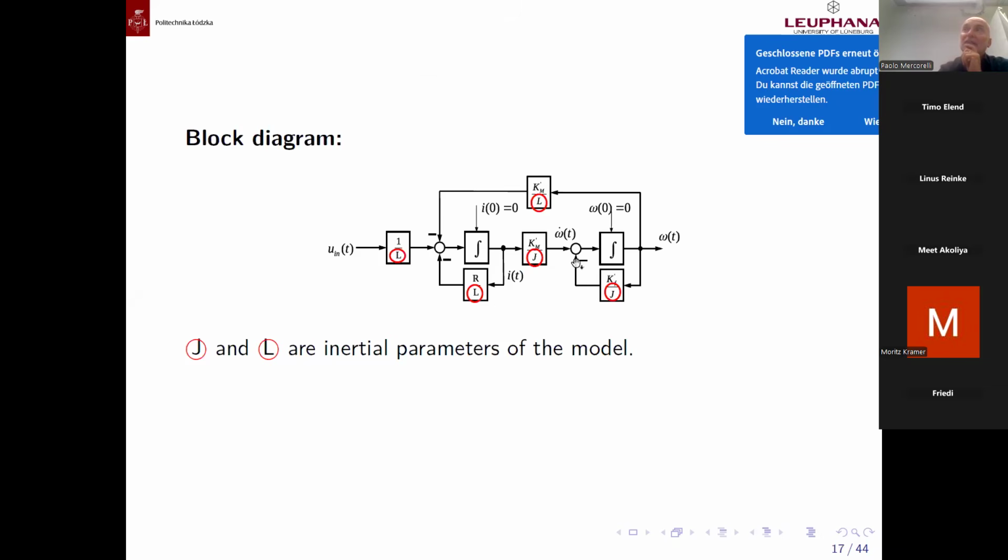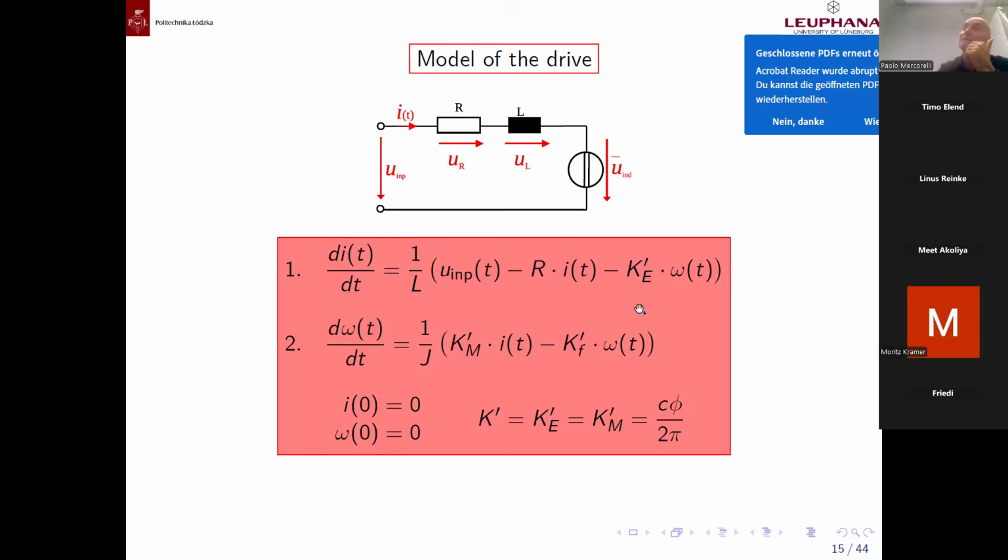Of course, divided by J, no? This represents the second equation. I don't know if it's clear. This language, or this way to represent the dynamics, represents basically the second equation, the second dynamics.